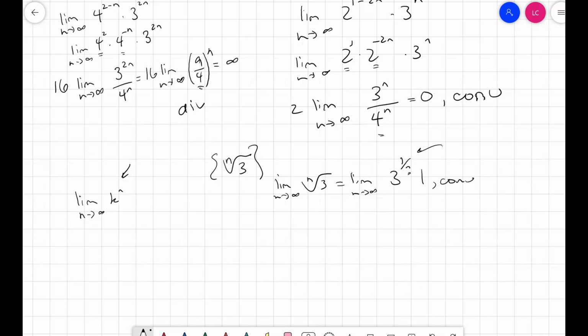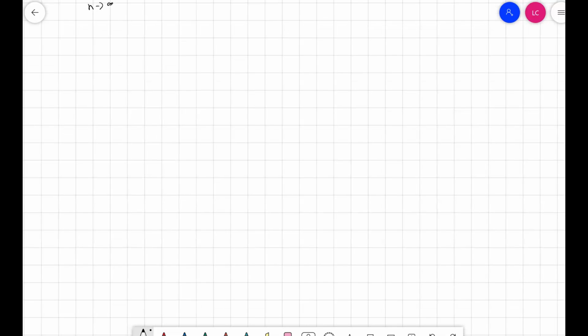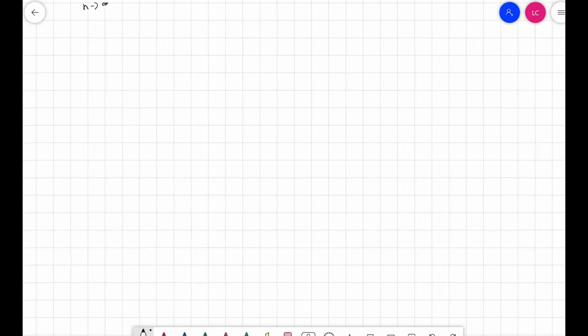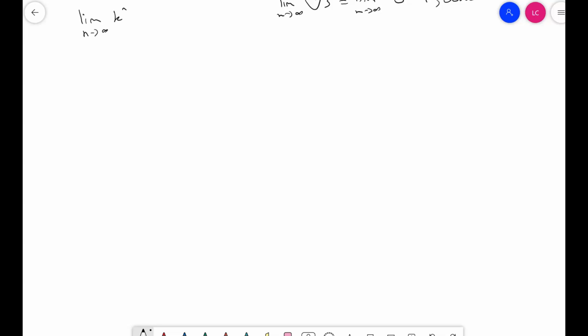The last case in sequences is the alternating sequence rule. This is when you have negative 1 to the n times, say, arctangent of n.